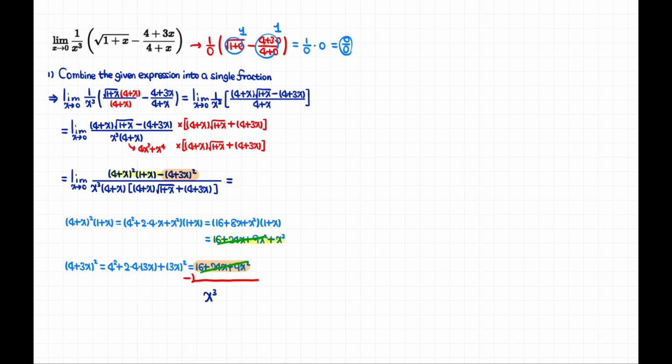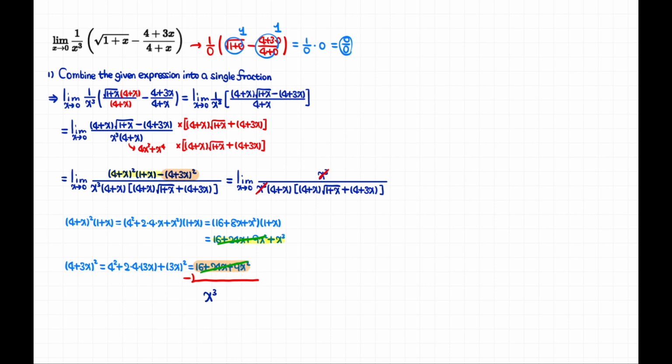Which means this whole thing is just x cubed. And since x is approaching 0, this is the zero factor, which means we need to get rid of that, so cancel that out.